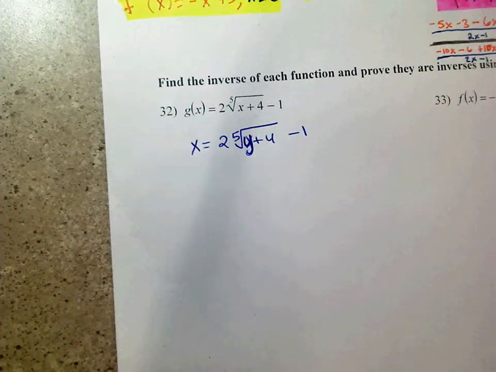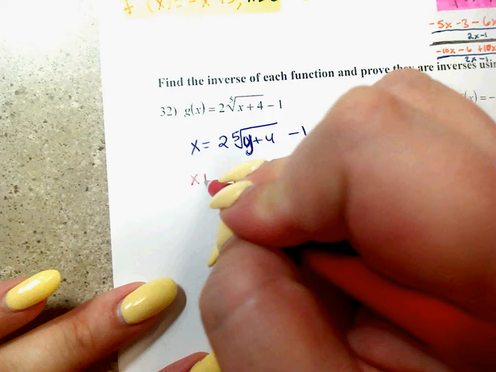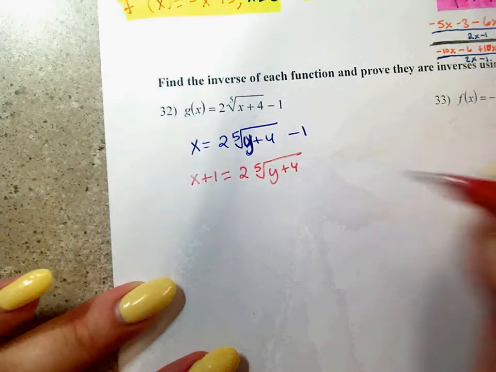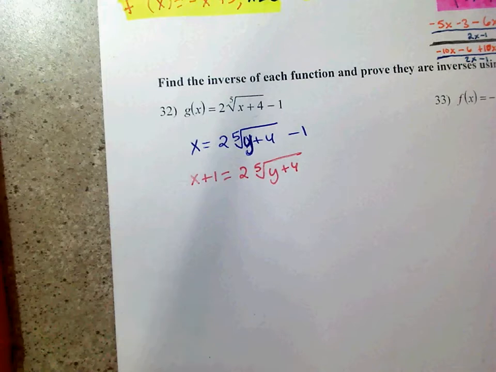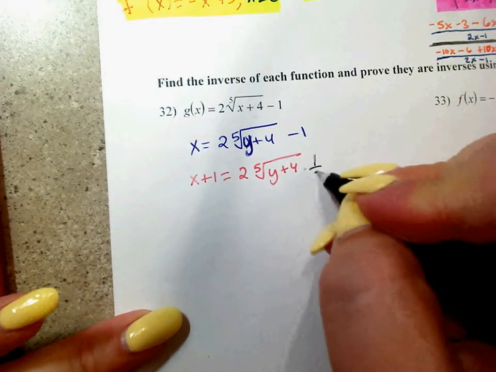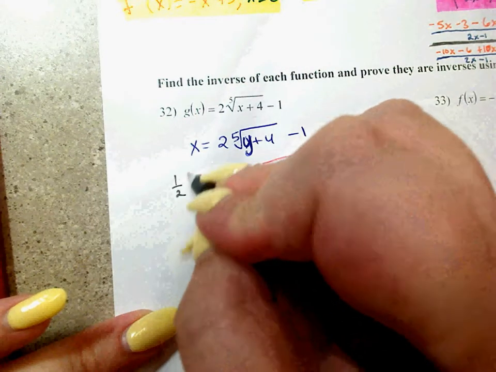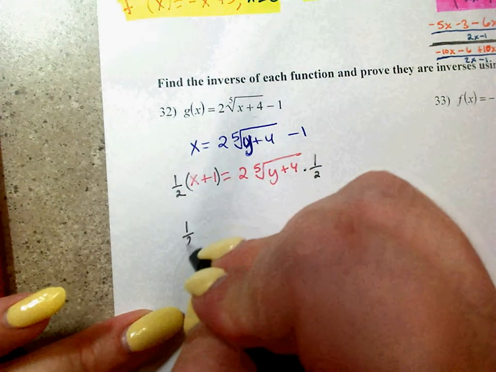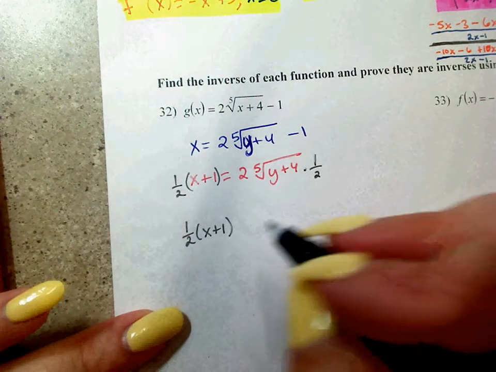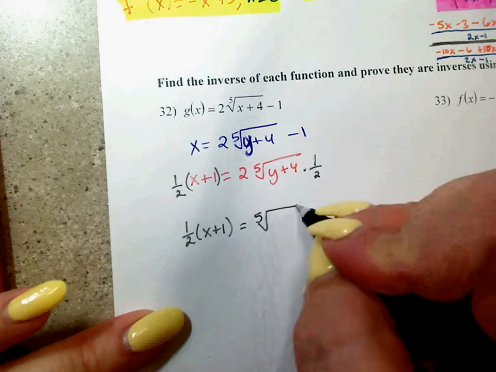So x plus 1 equals 2 times the 5th root of y plus 4. We're going to divide by 2. Dividing by 2 is the same thing as multiplying by 1/2. So I'm going to leave it like that: 1/2 times x plus 1, although if you want to write 1/2 x plus 1/2, feel free. Equals the 5th root of y plus 4.